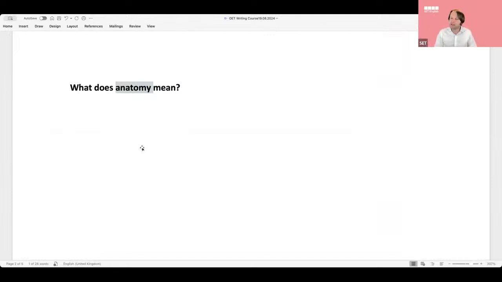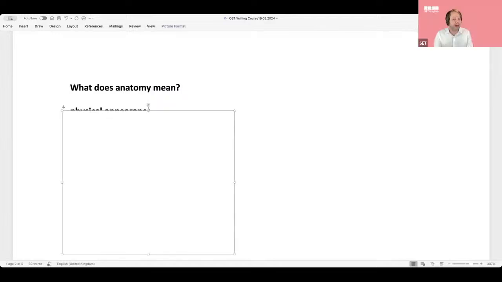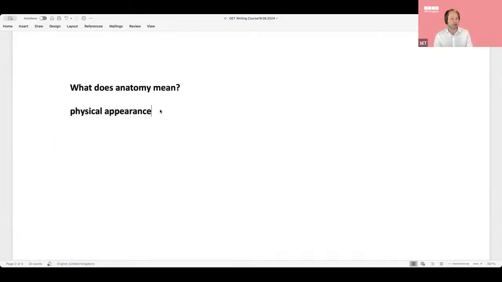Do you agree with that? Anna Louise? Yeah. Ellen? Yeah. Physical, it's like the format of the letter. Oh, the format. So we're getting close now. Well, physical appearance. Guys, let me show you a picture. Yes and no. I would say anatomy is like physical appearance.